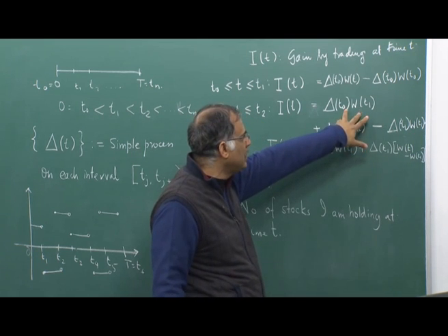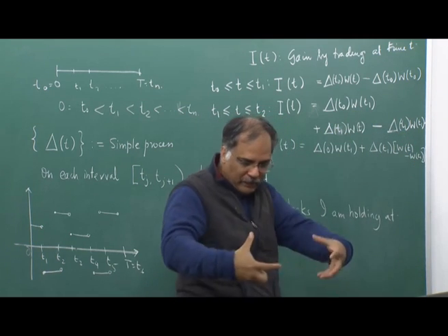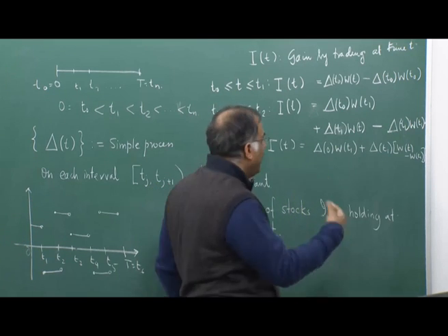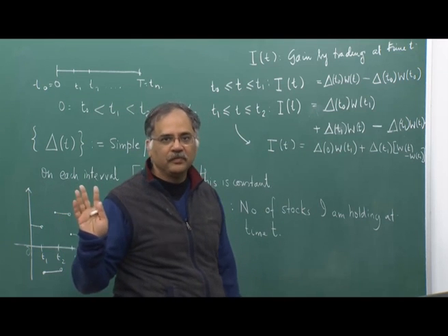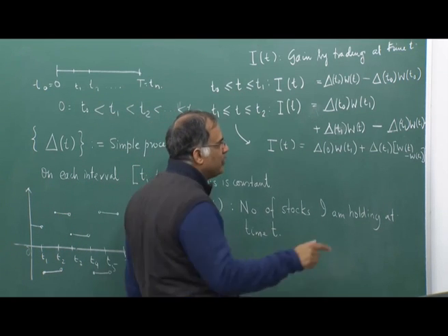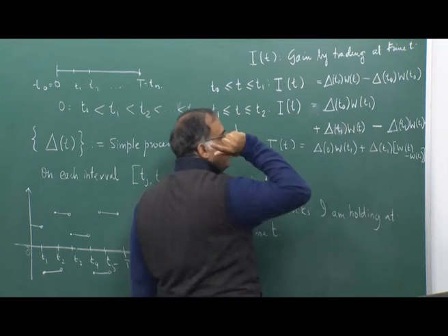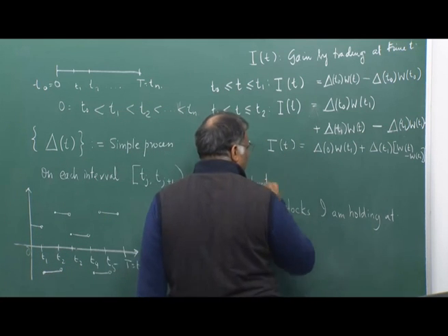This amount has to be subtracted from the earlier one, because I sold and got some money, and from that I spent some money to buy new stocks. Again I sold those stocks at time capital T and finished my trading, and I got this amount of money. So, this minus this plus this is the amount of money I have now. So, this is a very simple thing.